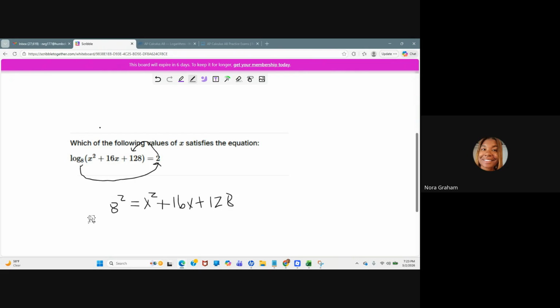Now we just use algebra to solve. 8 squared is 64 equals, and this comes along for the ride.